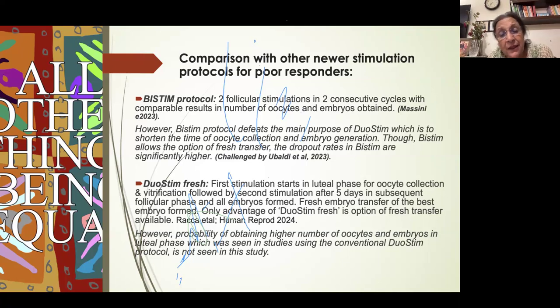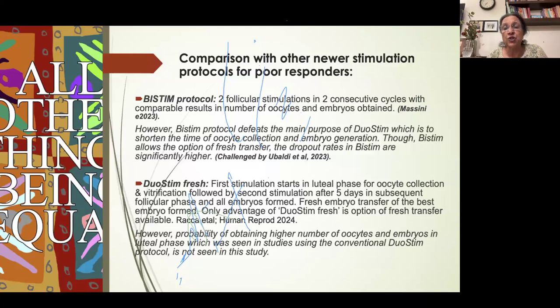Now, there is another third protocol which has come up, and this is Duostim Fresh. The first stimulation starts in the luteal phase for oocyte collection. What they do is they say, no, we will not spend more time. We will only do it within 30 days. We will start stimulation in the luteal phase for oocyte collection, and we will vitrify all the oocytes.